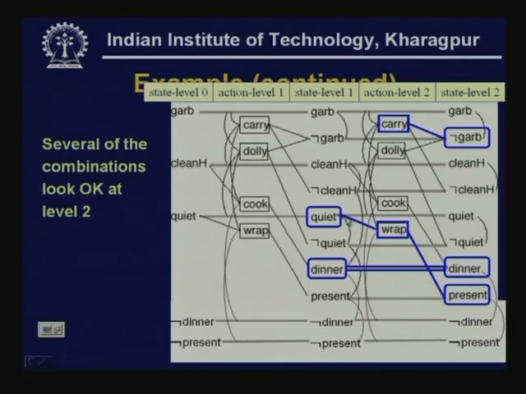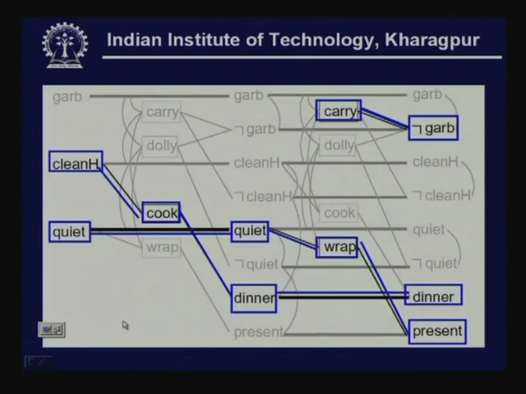Now, in order to do this, for wrap we have the precondition quiet, for dinner we need the precondition dinner. For not garbage, there is no precondition. So, at the next level we have quiet and dinner as our goals. Now, to achieve quiet and dinner, quiet is achieved by the maintenance action quiet, dinner is achieved by the action cook. Cook requires clean hands as a prerequisite, quiet requires quiet as a prerequisite.